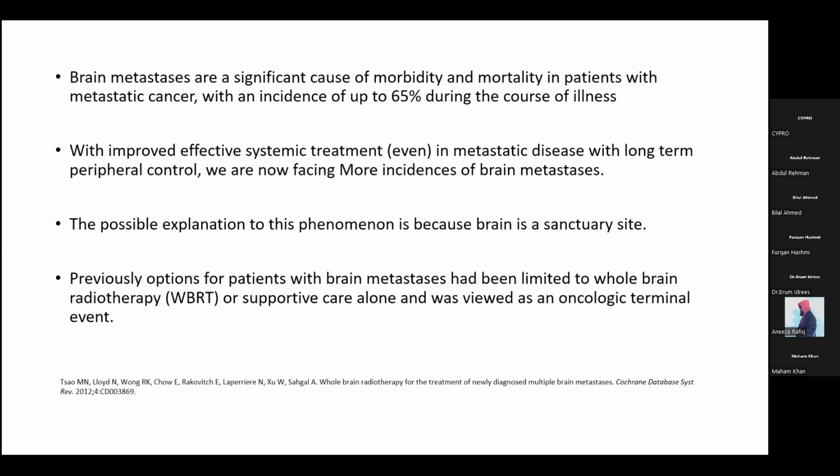The possible explanation for this phenomenon is definitely that chemotherapy cannot cross the blood-brain barrier, the brain being a sanctuary site, of course. The other sanctuary site is the testis.